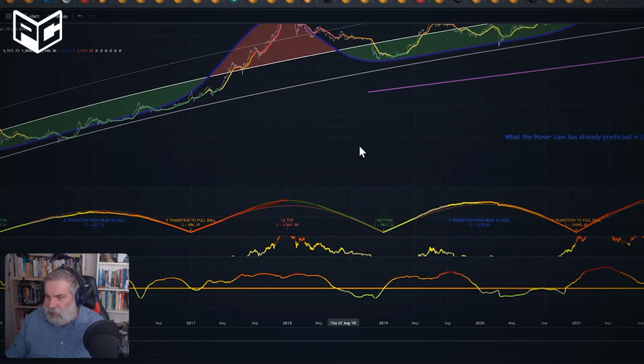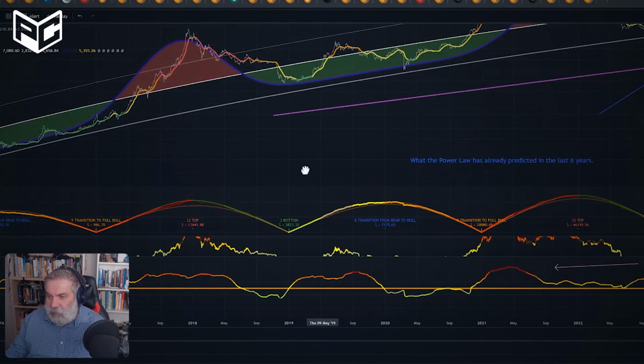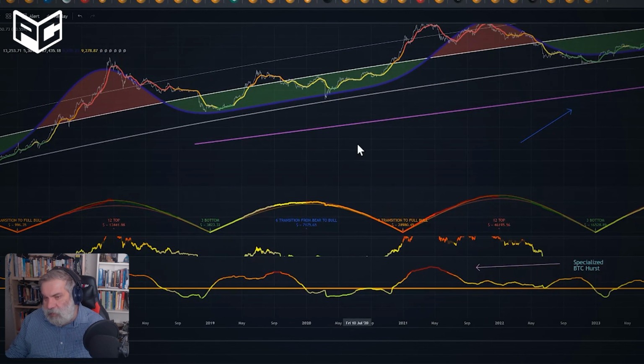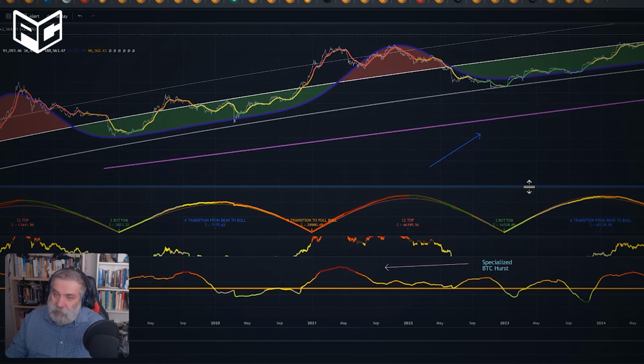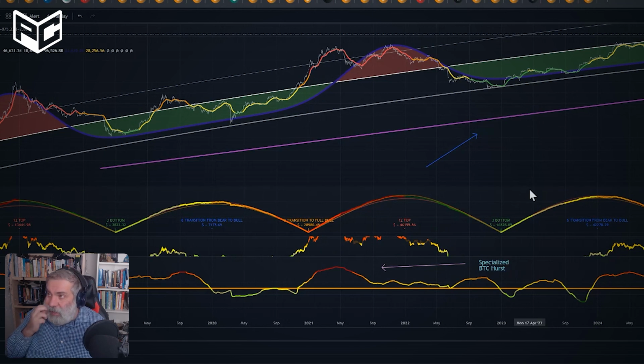It's not a coincidence, because differently from other methods, like support, resistance, all these TA methods, this is science. And the science behind this is basically the physics of producing Bitcoin. One of the things that many people forget is that, differently from many currencies or assets, gold, for example, also takes money to be produced.